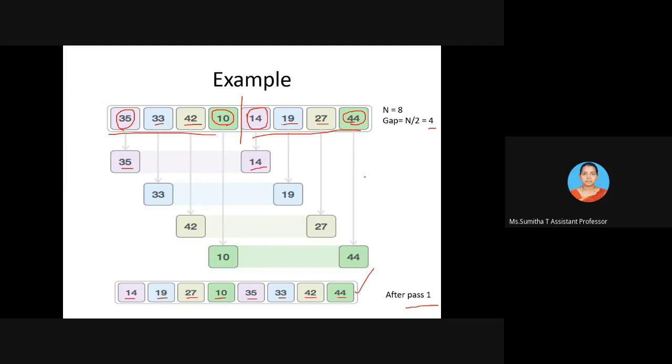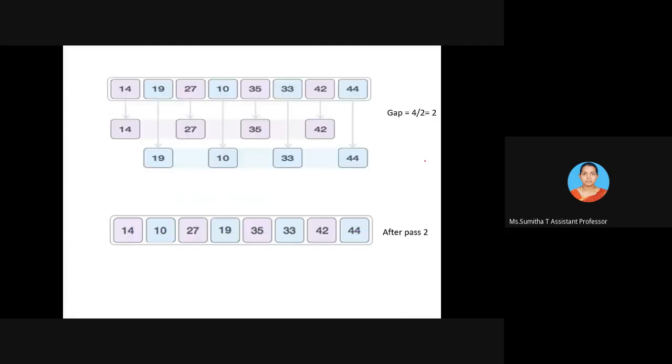Then in the next step we have to reduce the gap again, 4 by 2. 4 by 2 is nothing but 2. So we divide the elements, taking the elements after pass one. Divide the elements with a gap of 2: 4 by 2 equals 2.